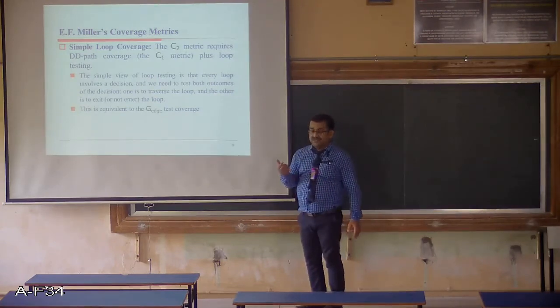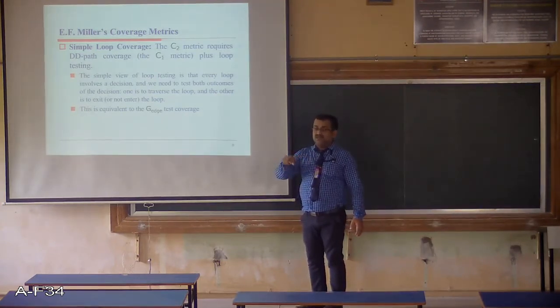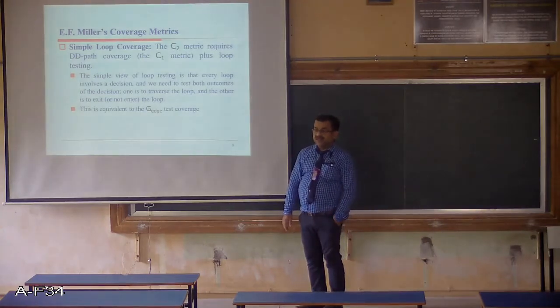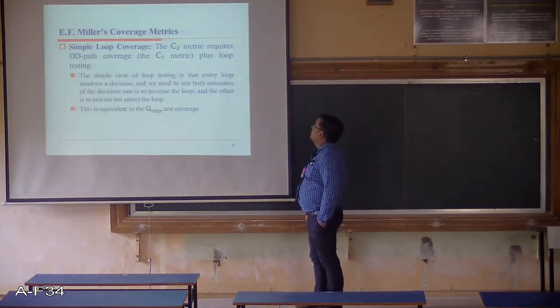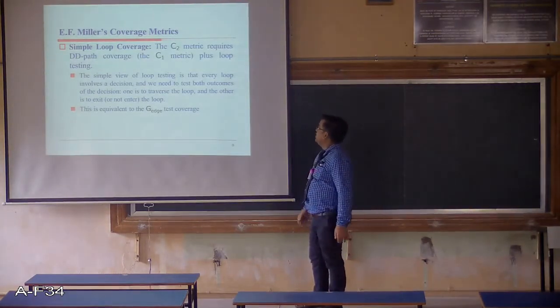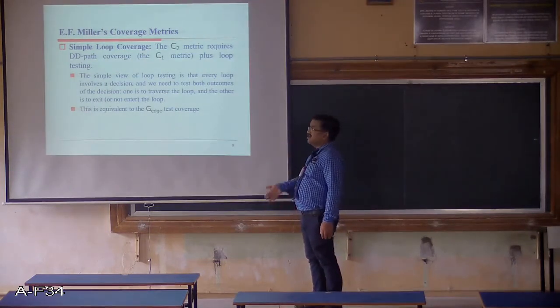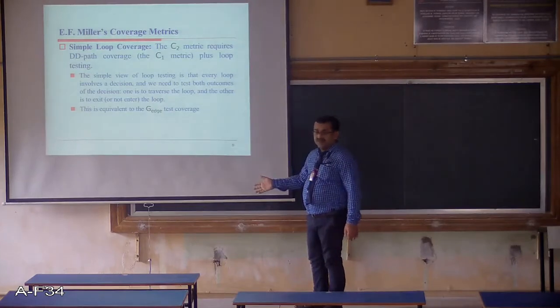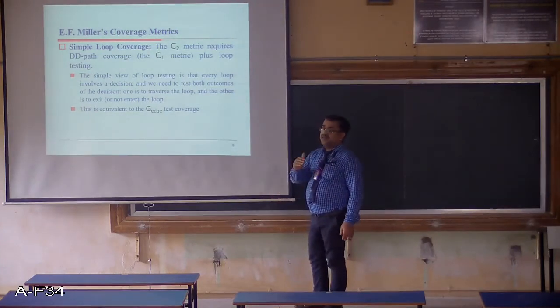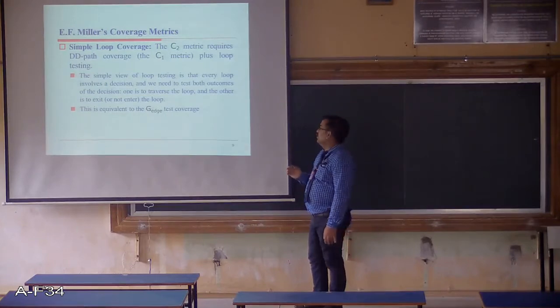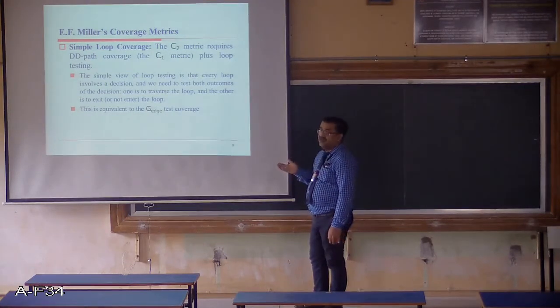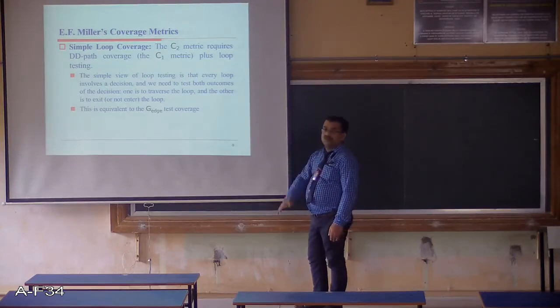The condition has to be checked in the loop for its continued execution. And we know that we need to test both outcomes of the decision, one to traverse the loop, another to go out of the loop, right? Whenever there is a predicate, that is a decision to be tested. One outcome is to continue evaluating the loop, another is to go out of the loop.